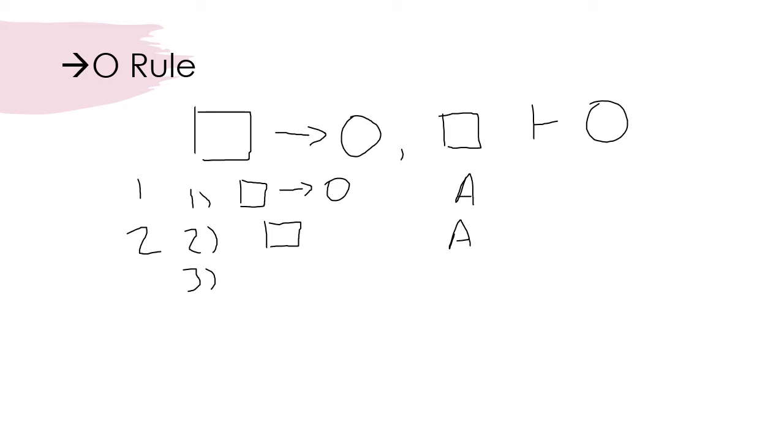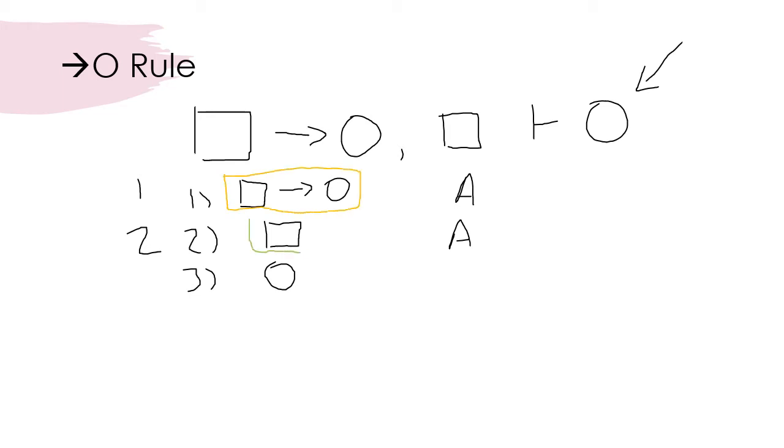So with these assumptions, with these premises, we can try to derive our conclusion. And we can derive our conclusion with this basic information. From square, arrow, circle, and square, so we've got square, arrow, circle here.